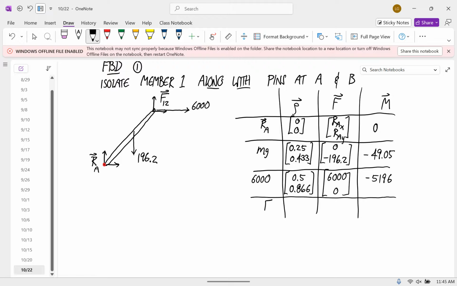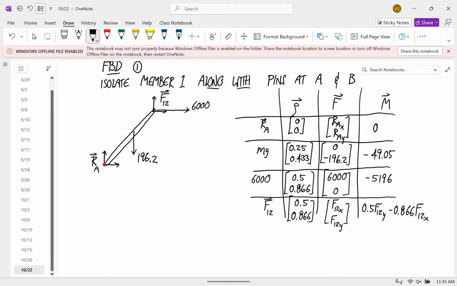And then last is that force F12. It has the same row vector. The force is F12x, F12y. Notation gets a little messy, and the cross product is 0.5 F12y minus 0.866 F12x.